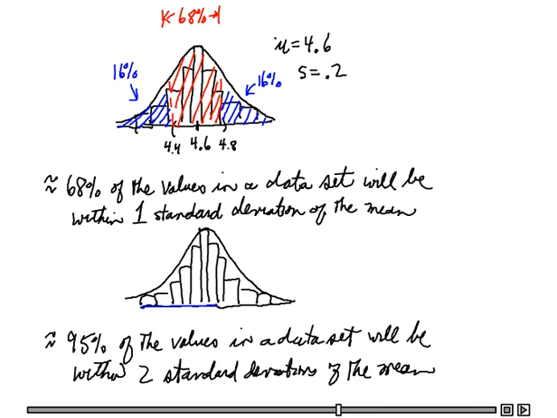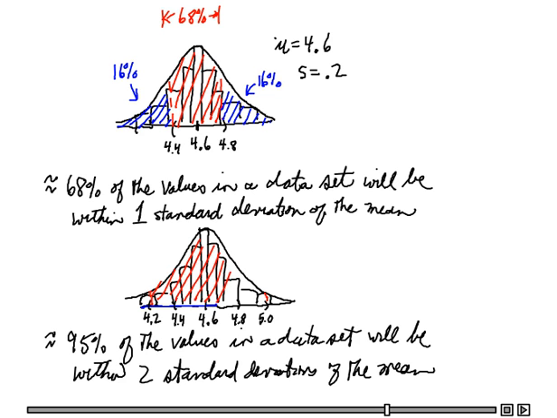So again, looking at the Hershey Kisses here as an example with 4.6 in the center, I would go out one standard deviation, and that would take me from 4.4 then to 4.8. Approximately 68% is within one standard deviation. And then go out another standard deviation, which would take me down to 4.2 and then all the way up to 5 grams.